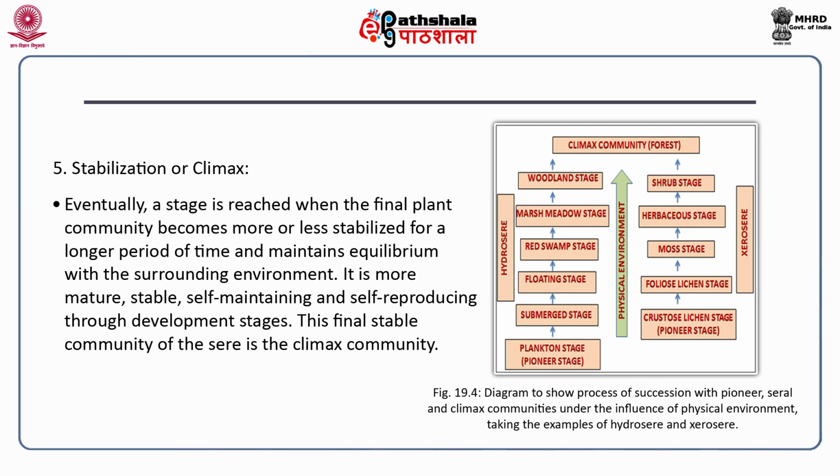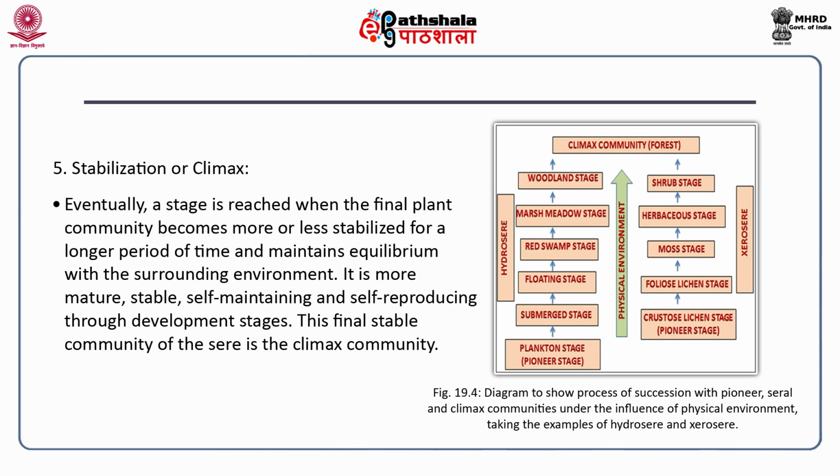This diagram shows the process of succession with the pioneer, serial and climax communities under the influence of the physical environment, taking the example of hydrosere and lithosere. In case of hydrosere, the pioneer stage is the plankton stage, the next is the submerged stage, then the floating stage, then the reed swamp stage, then the marsh meadow stage, finally the woodland stage, and ultimately the climax community, that is a forest.